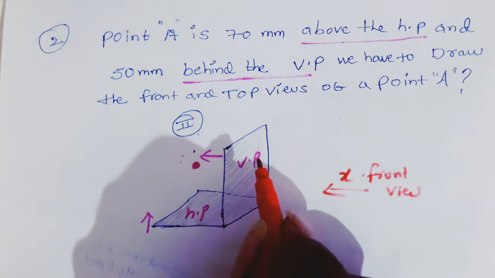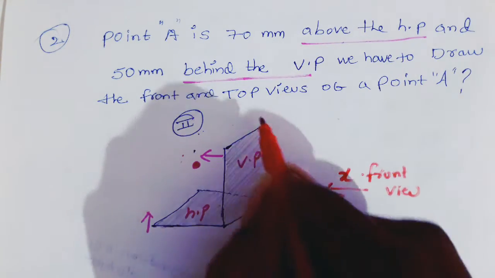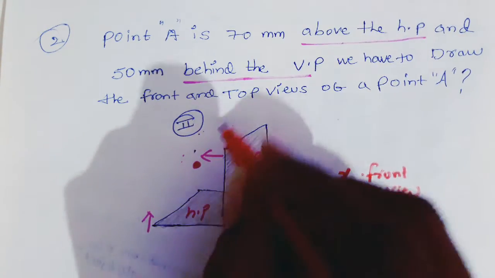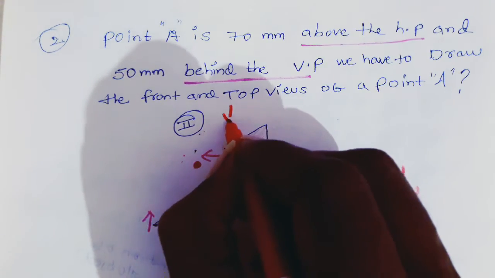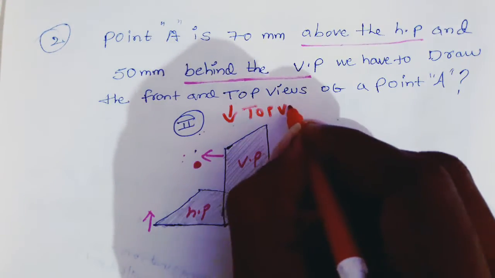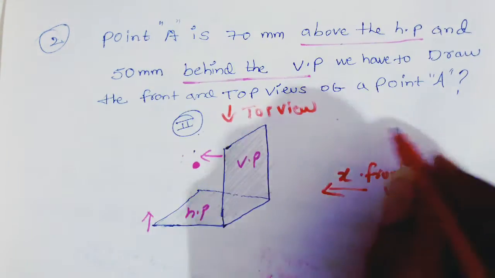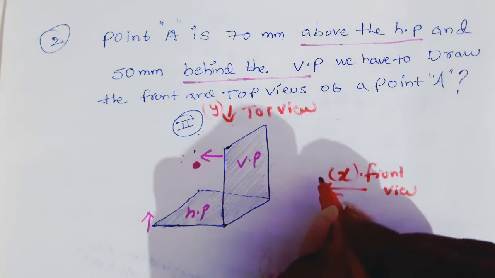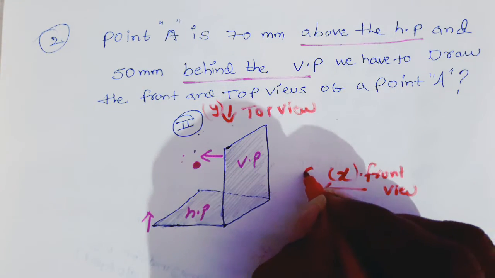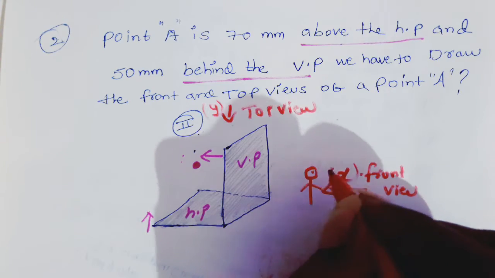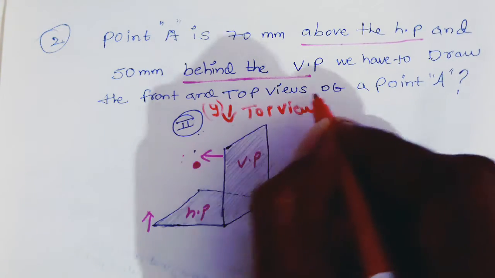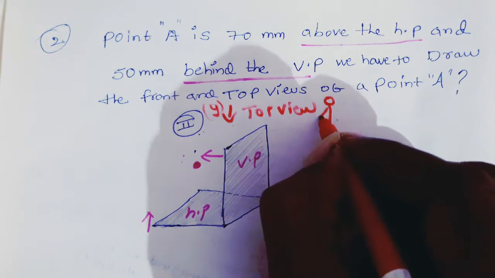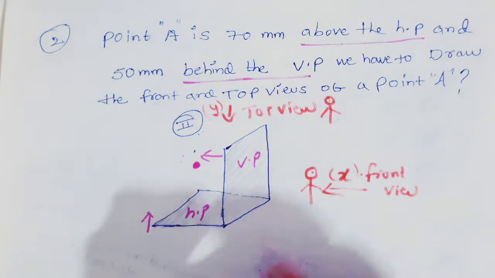Okay, next, when you look at the distance of a point from the top, this is called the top view. Okay, this is y, this is x. You are observing the point from here, and also you are observing the point from the top side.